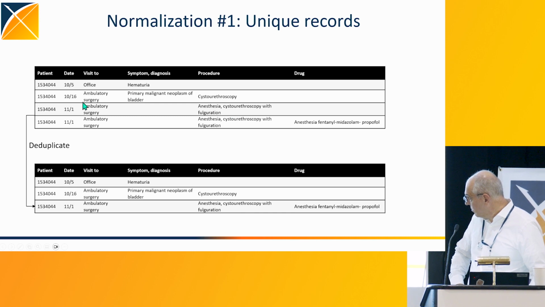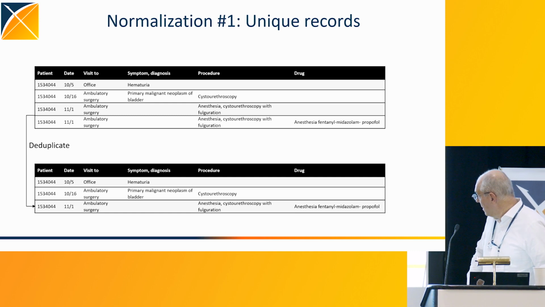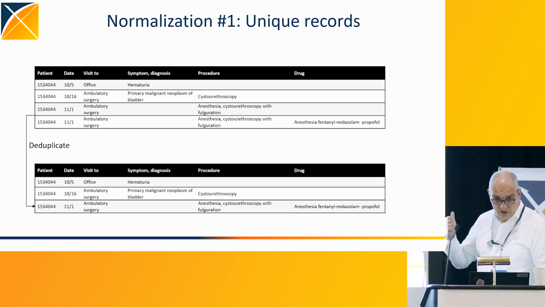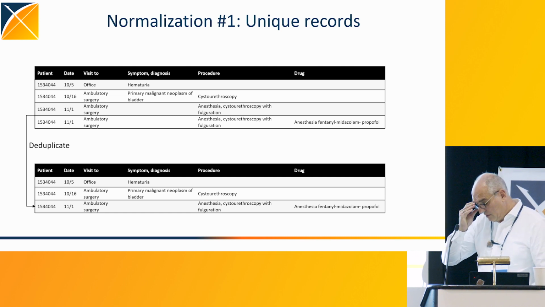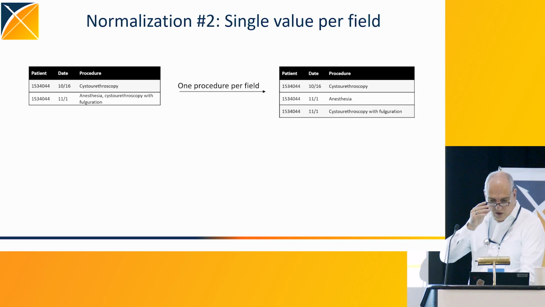I'm talking about the 1st of November, same visit. Obviously, he didn't have 2 cystourethroscopies. This guy had only 1. It's nasty enough; nobody wants to have 2 in a day. We know it only happened once, and this is a duplicate. We can tell that. You want a single value per field.